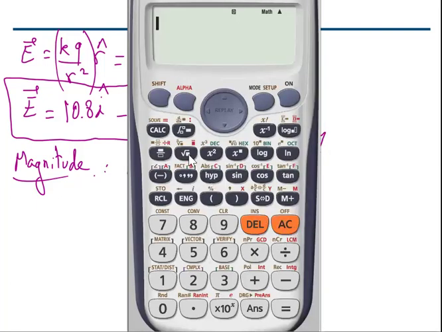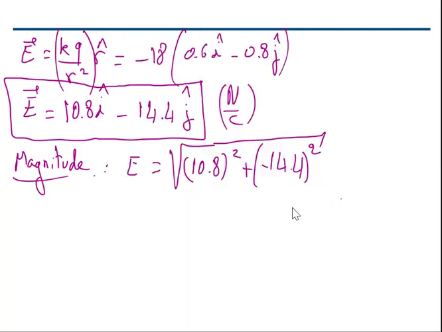So this is our result. Our result is 18. The magnitude of this electric field is 18 Newton per Coulomb.